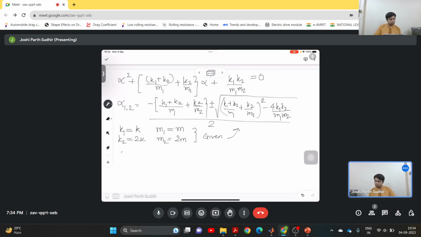So we will get the roots as lambda square is equal to minus (3k by m plus k by m) plus or minus the square root of (3k by m plus k by m) whole square minus 4.